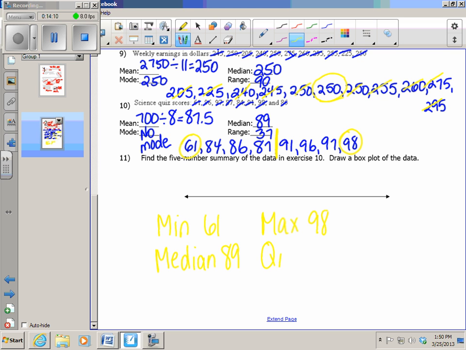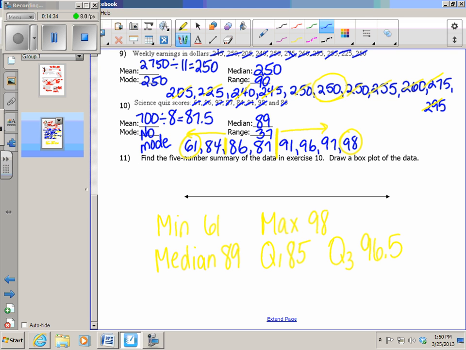I need the lower quartile and the upper quartile. So I need the median of this information on this side, which would give me a middle number here at 85. And then I need a middle number going this way, which would put me at 96.5.